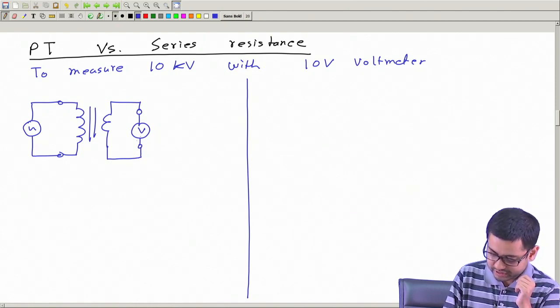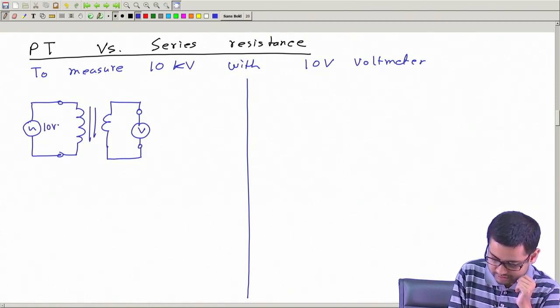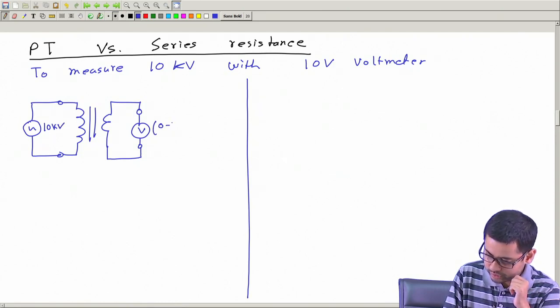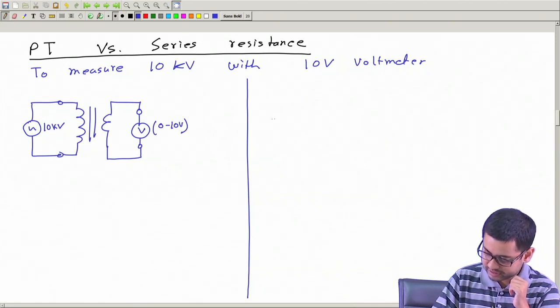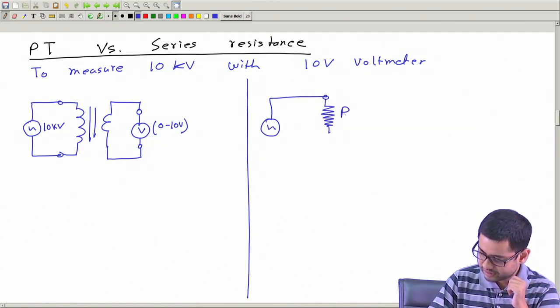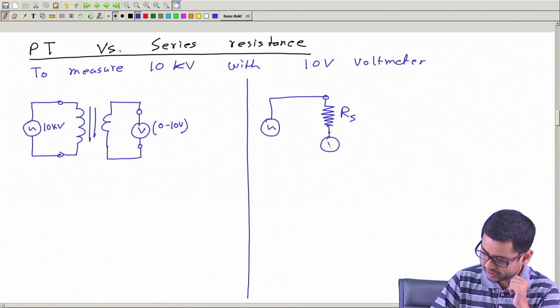This is one choice. This is 10 kilovolt and its range is 0 to 10 volt. Another choice is connect a very high resistance with the voltmeter.